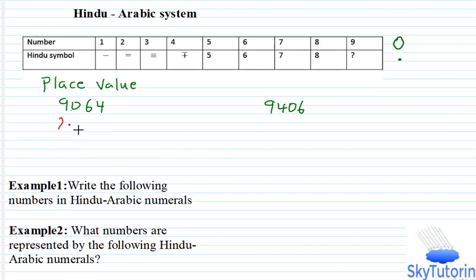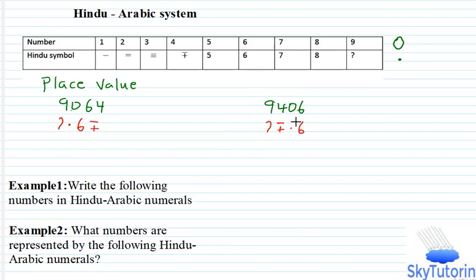Then we have 6, which is 6, while the dash and the plus sign stand for the symbol 4. So 9,406 will be represented by this: the dash, the plus sign, the dot, and finally the 6. This is how the Hindu-Arabic system will represent these numbers.